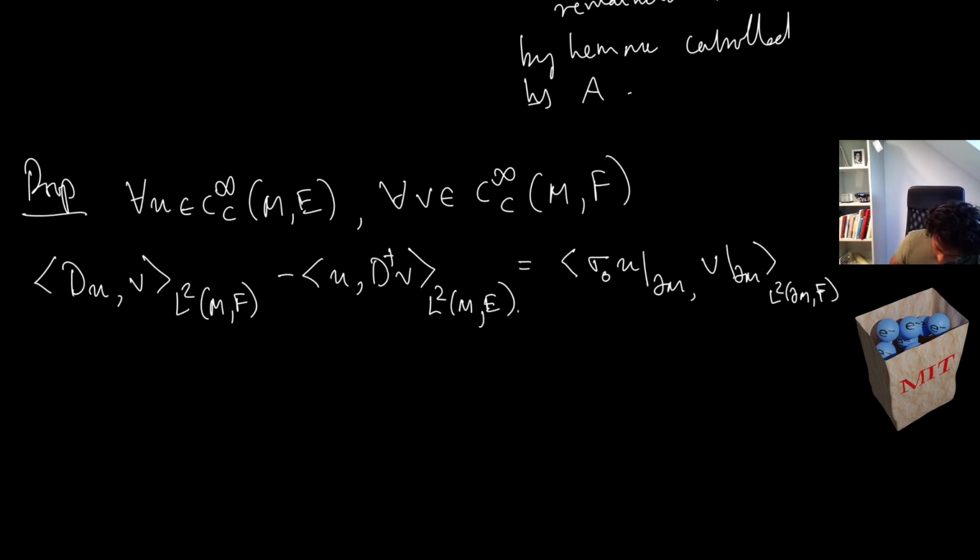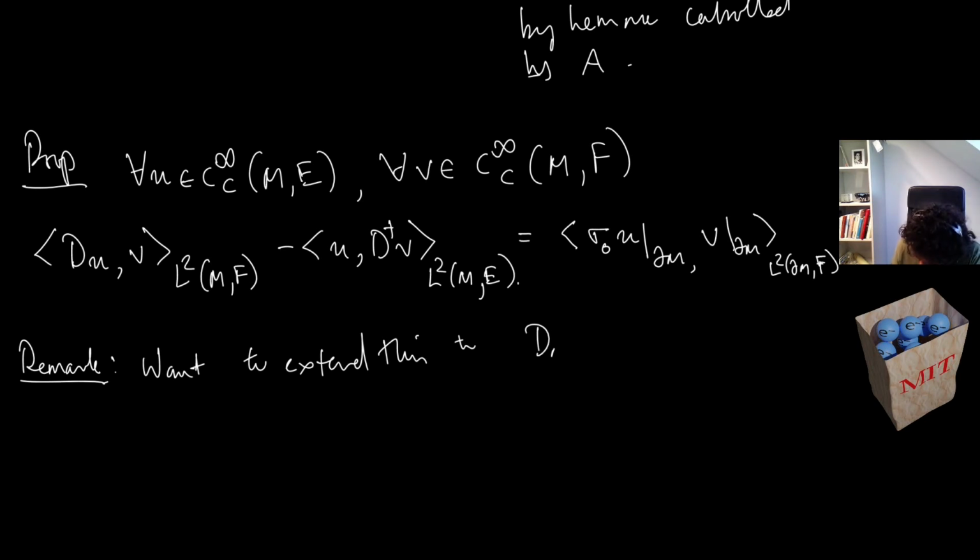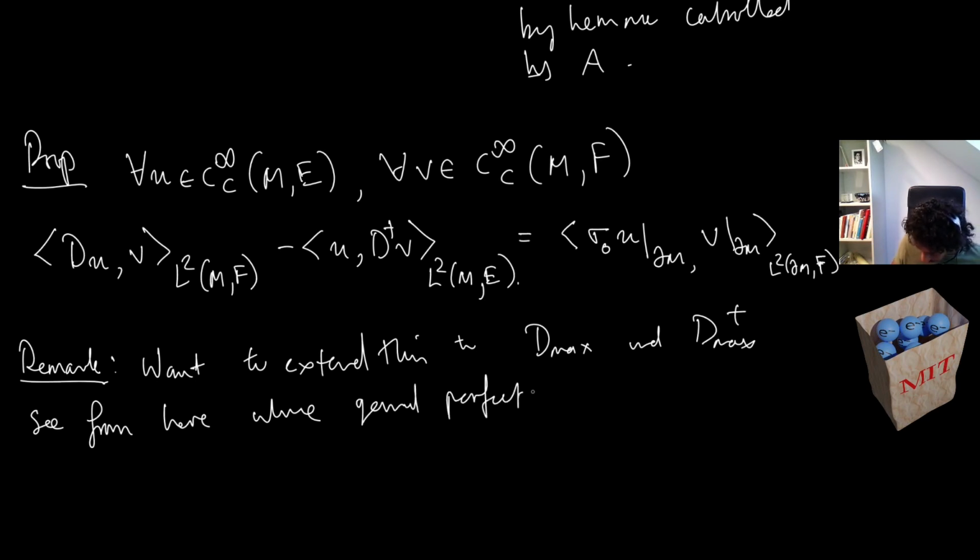Okay, so I just want to really remark that the goal is that as we go along, we want to extend this to d max and d max dagger, and we can see already from here where general perfect pairs enter the picture.